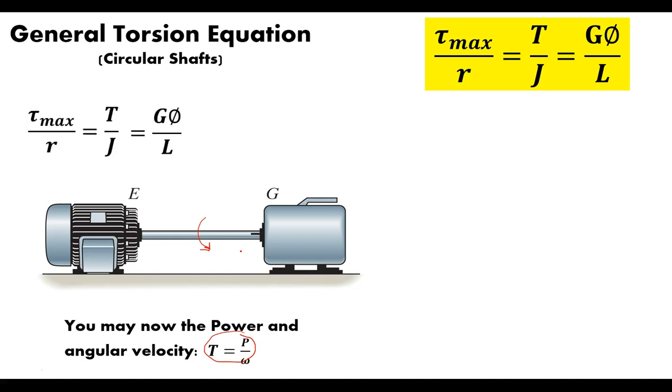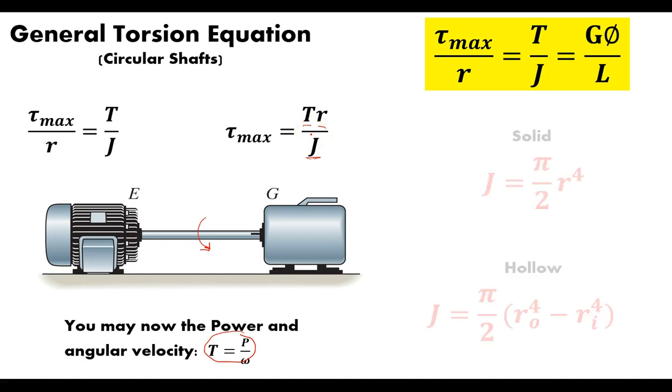Well, you can start with your general torsion equation, isolate it down to these components and do a little arithmetic, and now you've got another equation to help you understand the max shear stress you can tolerate based on your calculated torque, which will be based on your power and your velocity. You may use it to find a radius, whether it's a hollow or a solid shaft. And again, just to remind you, these are the equations for polar moment of inertia.